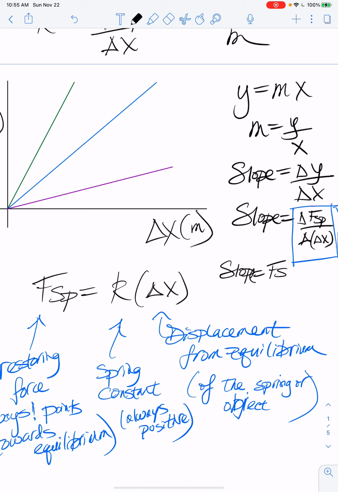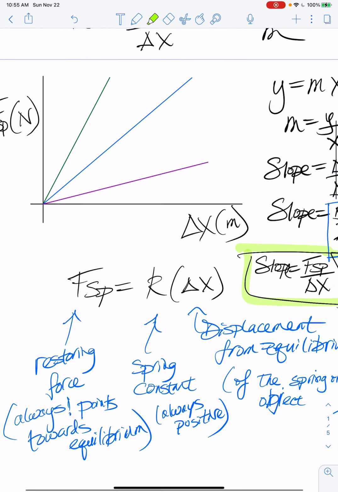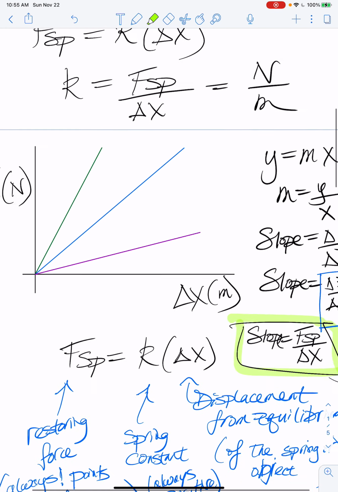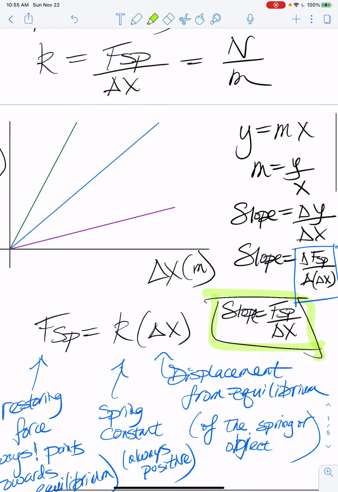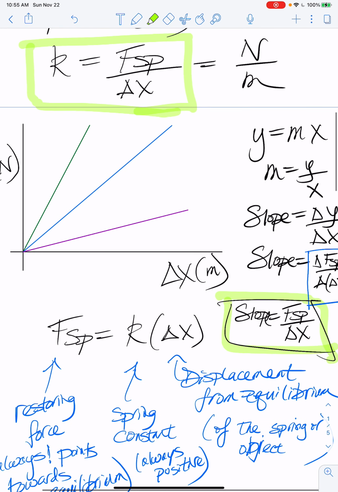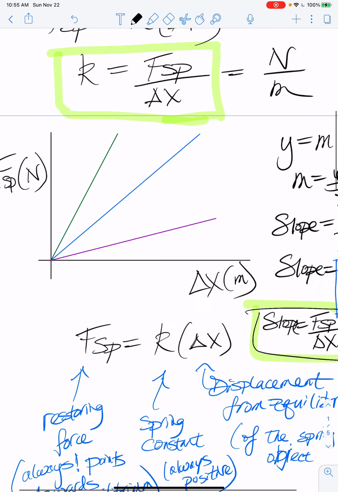And if this is true, then we can see this relationship right here, and therefore the slope is k.